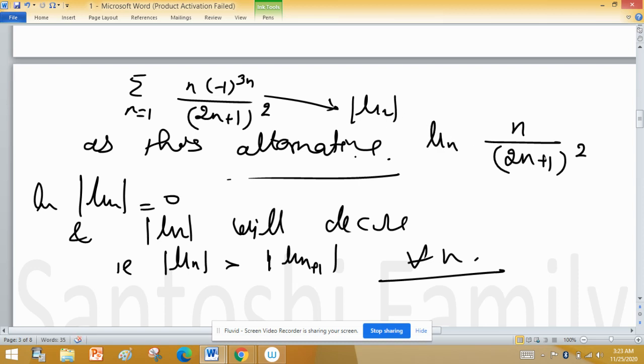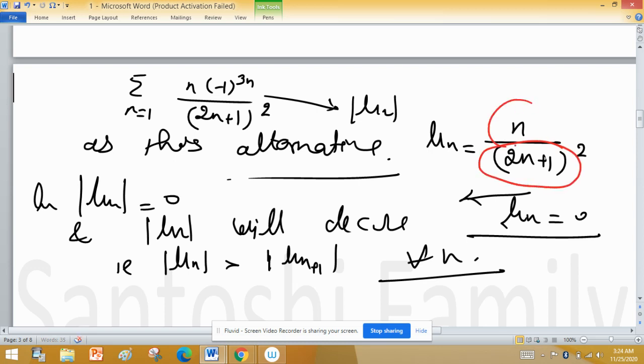There is no need to put mod here; I already made it positive, as the sign (minus 1 raised to the power 3n) is left out, and n upon (2n plus 1) whole square is our positive term. So for un, as you can see, the denominator is increasing faster than the numerator, so the limit of this un equals 0.